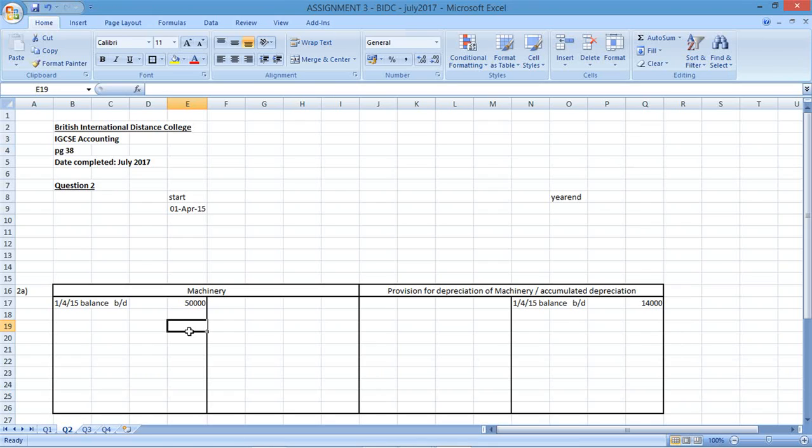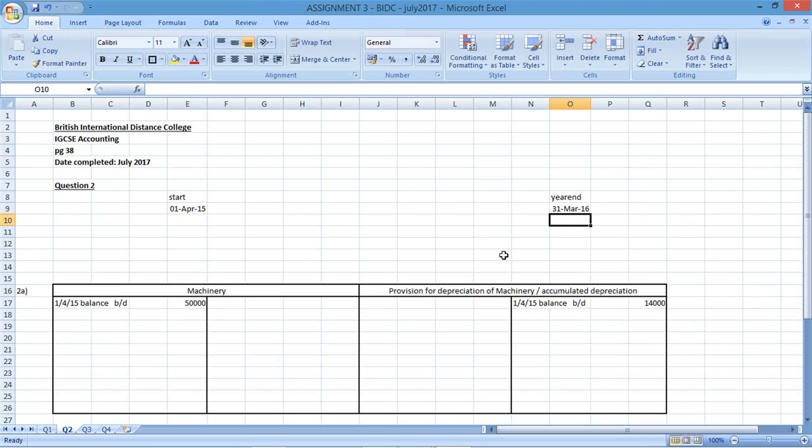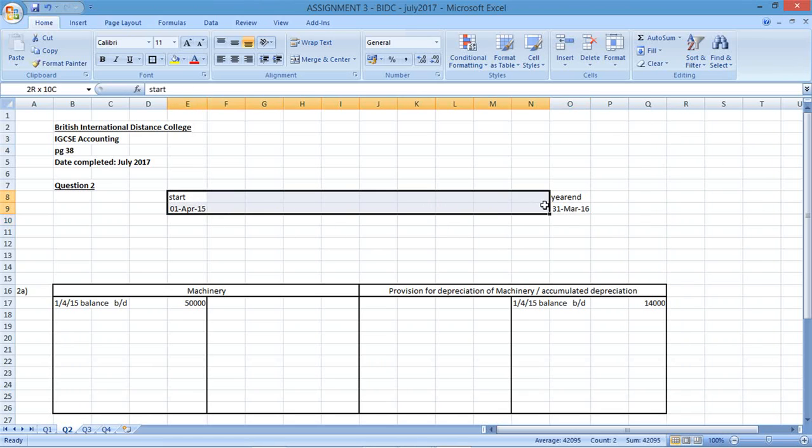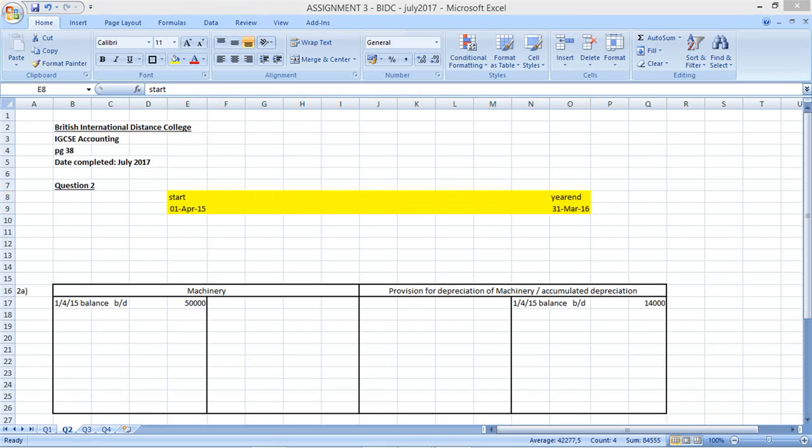Then they say, you are given the following further information. Obviously that's the start of the year. The end of the year would have been 31st March 2016. So always draw a timeline and show what's happening during the financial year.